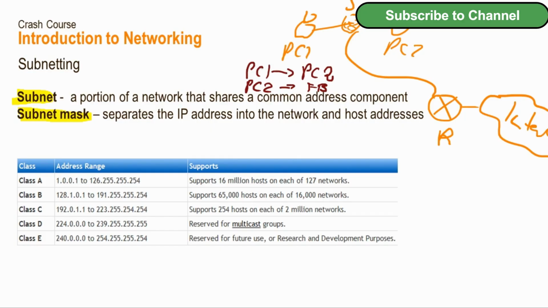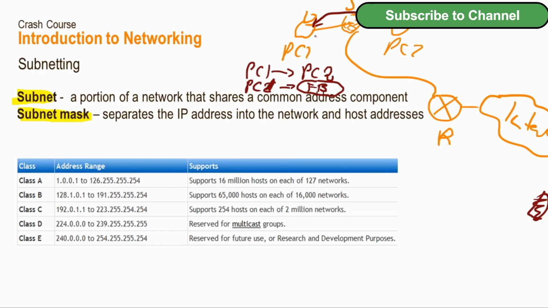If PC1 and PC2 are on the same subnet, they will talk to each other like that, directly. If PC1 is not on the same subnet as Facebook, and of course Facebook is somewhere else, it is over here somewhere, then PC1 will send it where?